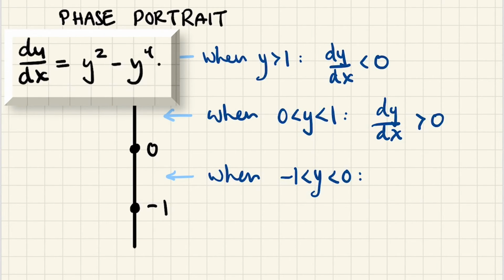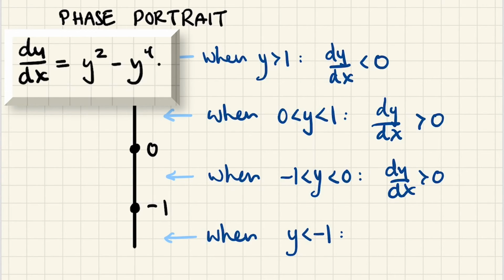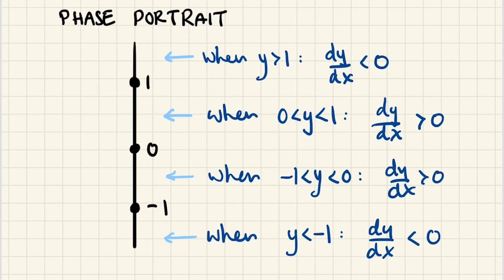Again, we're still going to get positive 1/4 minus positive 1/16, so that'll be positive. And finally, let's choose a y value less than -1, like -2. And of course, we get positive 4 minus positive 16, so that'll be negative for our derivative.